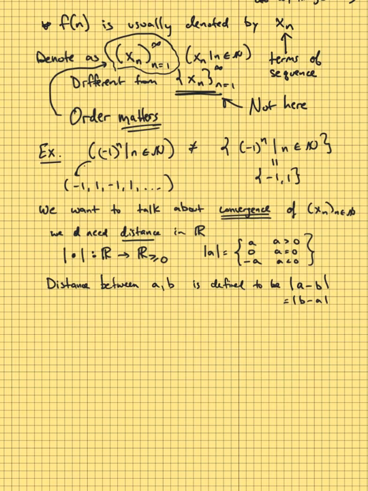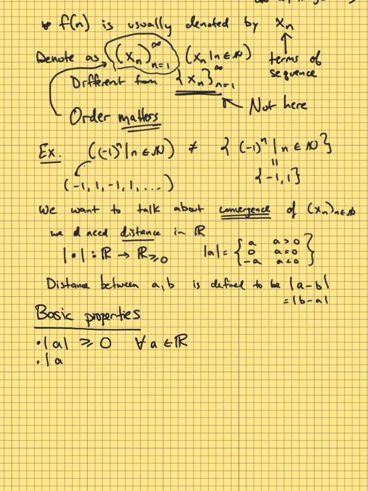Let me give you some basic properties of the absolute value. The first is that it's always greater than or equal to 0. That's straight from the definition.